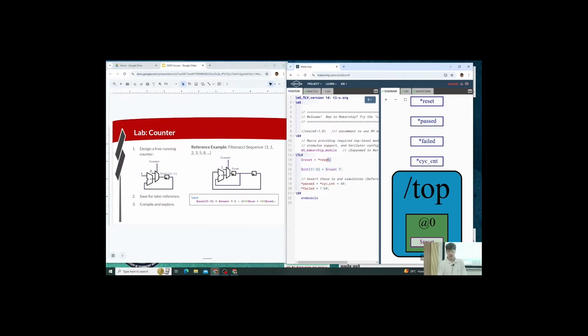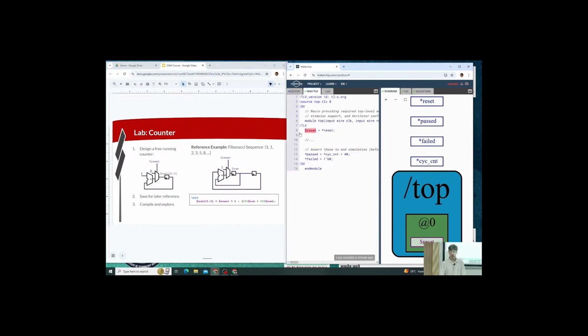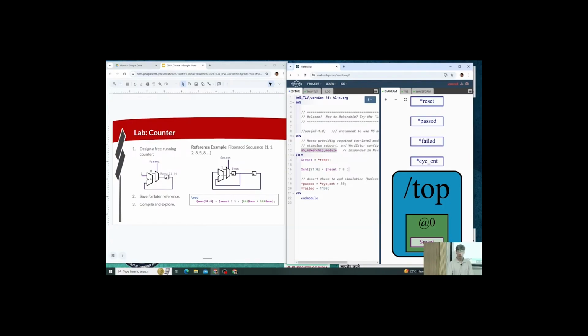Make sure you have the definition of reset from the starting template here. The star reset here refers to SystemVerilog signals. So this macro gives us this module definition with the reset signal. And this is a reference to that signal.